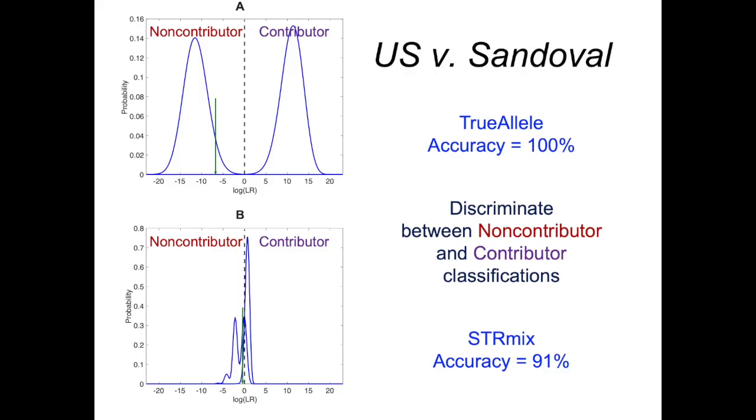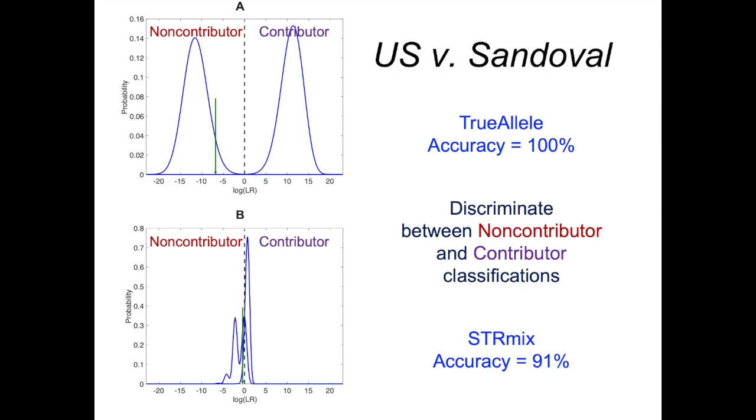But we're able to take the genotypes and measure their accuracy. The TrueAllele curve on top, you see that the non-contributor and the contributor are widely separated. And when we measure the accuracy in this forthcoming paper, the accuracy was 100%, up to a few decimal places. It's perfect separation.